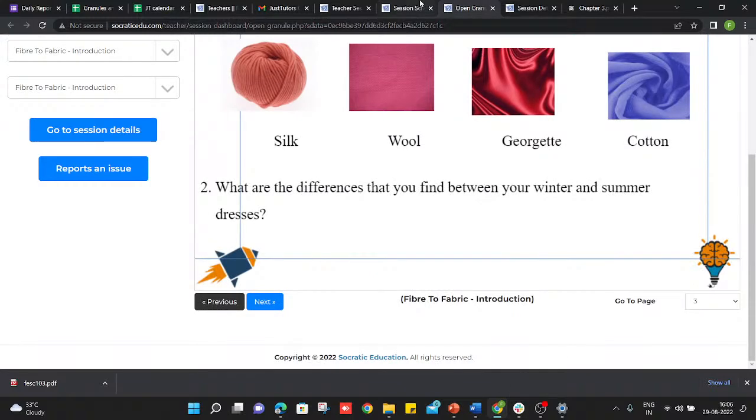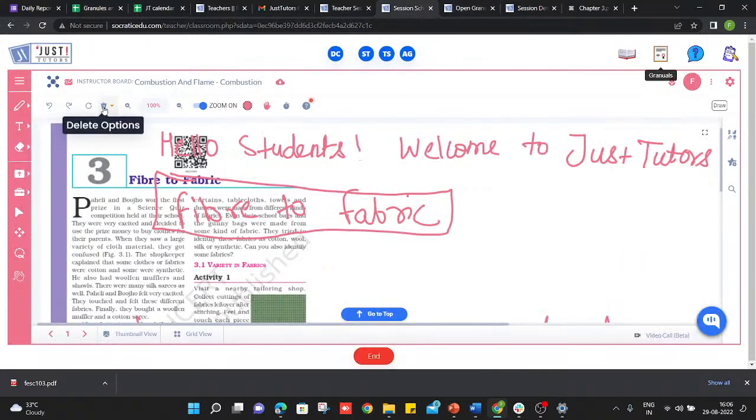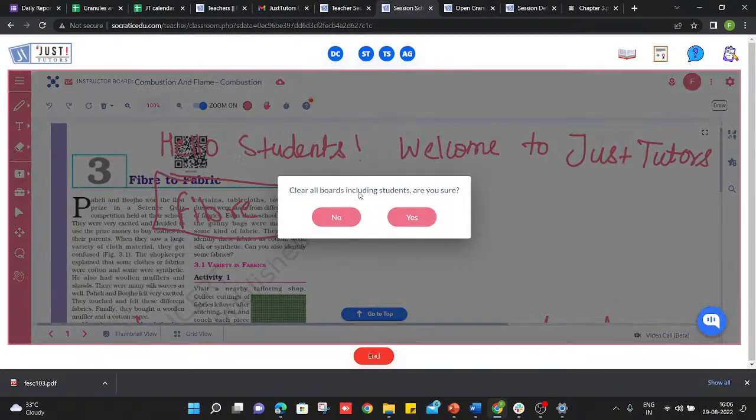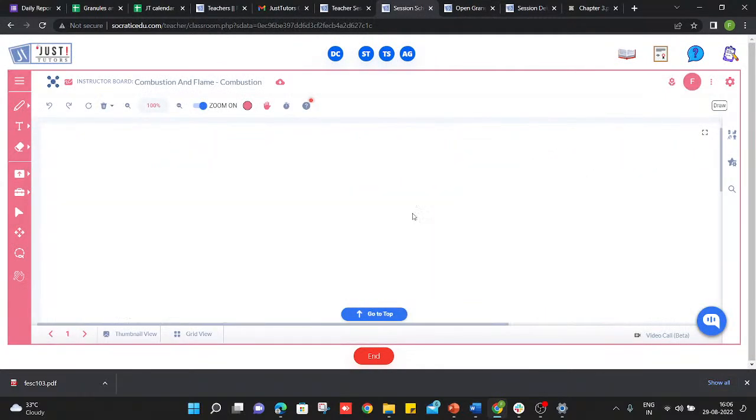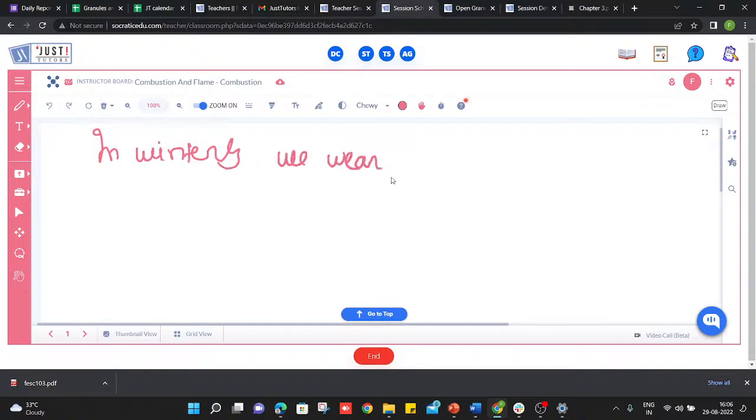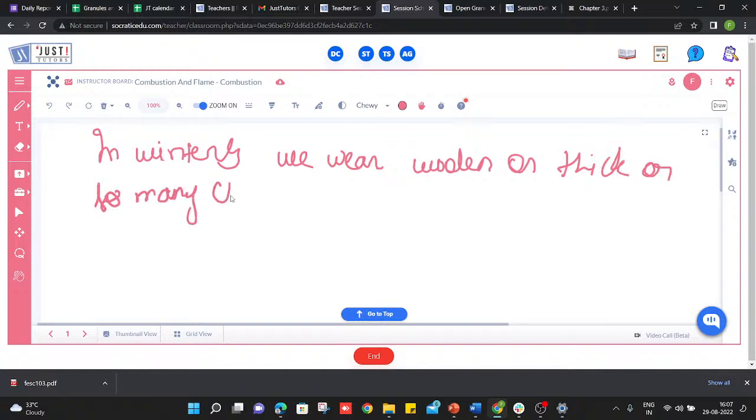Okay, let me just open and delete. So in winters we wear woolen or thick, so many clothes.